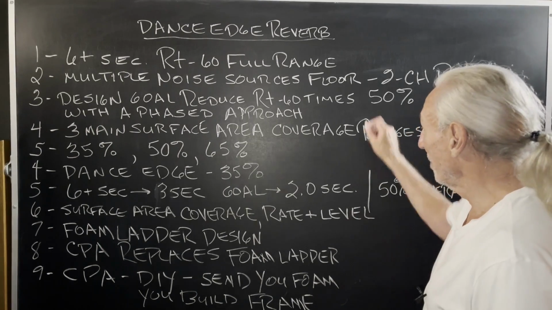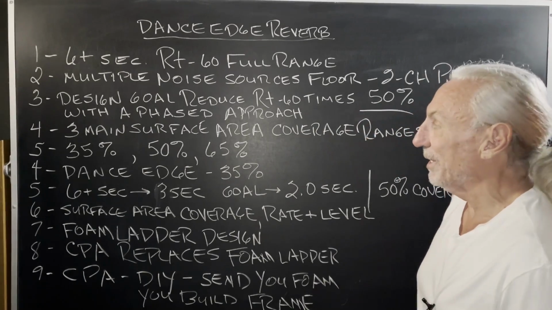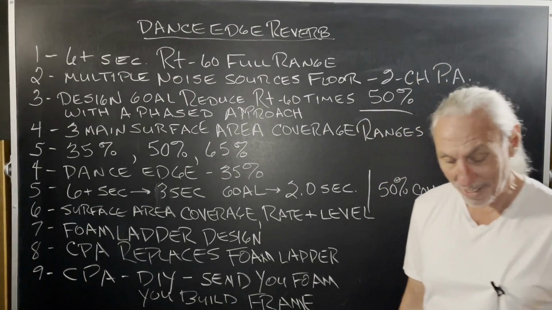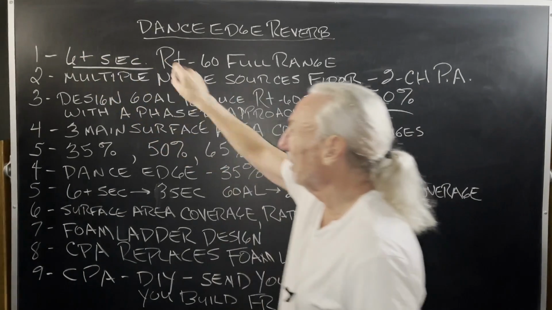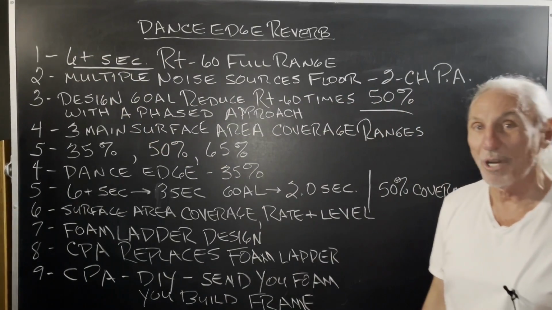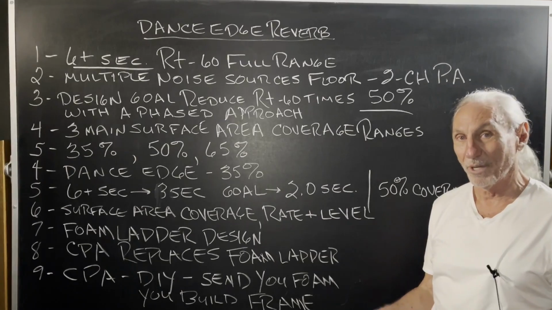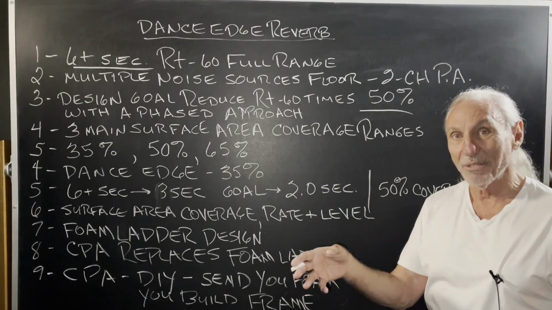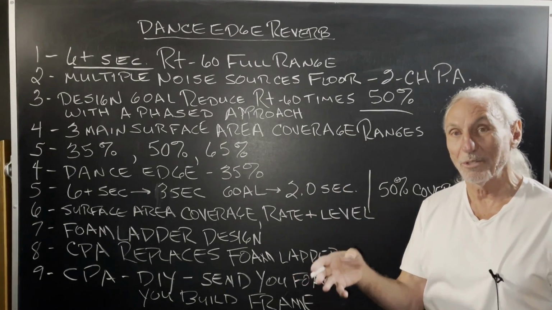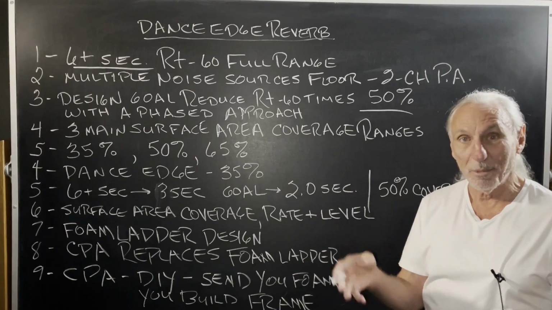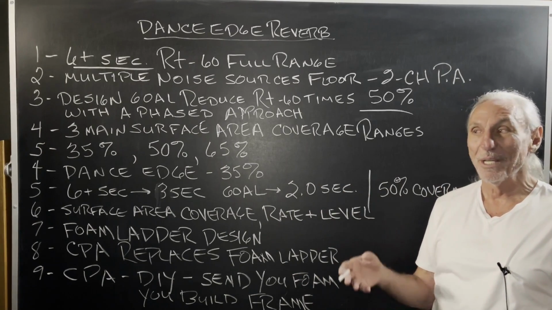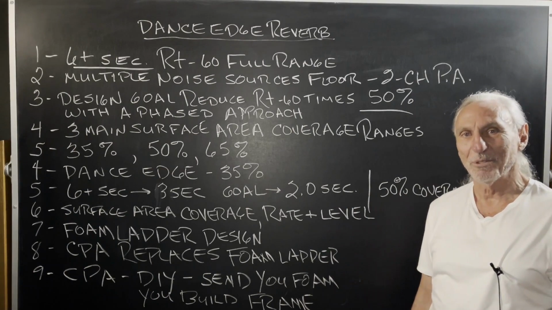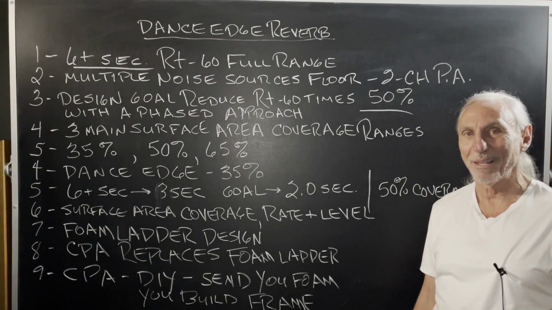So our first goal in any project when you're dealing with reverb is to establish what the reverb number is, and we can do that. We have software that can do that for us. The size of the room, the materials the walls are made of, the number of sources in the room, the frequency and amplitude of those sources, that's all easy stuff for software to do because it's math.